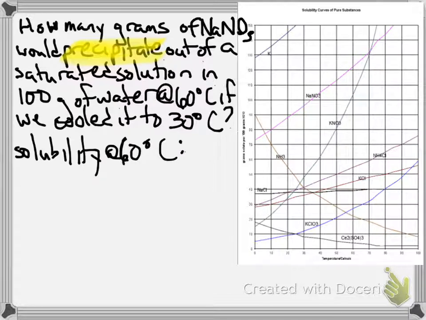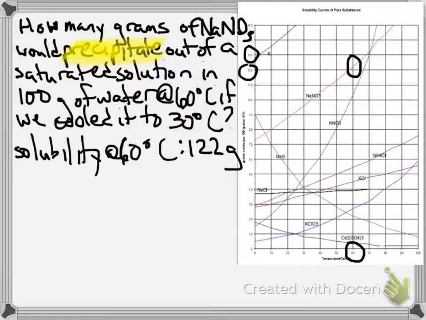All we need to do is find where it says 60 degrees Celsius down here on the x-axis, then just go all the way up to where it crosses the curve for sodium nitrate, and we notice that the solubility of sodium nitrate, because this is 120 here, and this is 130, I'm going to call it about 122 grams per 100 grams of water. And again, we can use that number straight up because the solubility curve is based on the amount we can dissolve in 100 grams of water, so no conversions necessary.